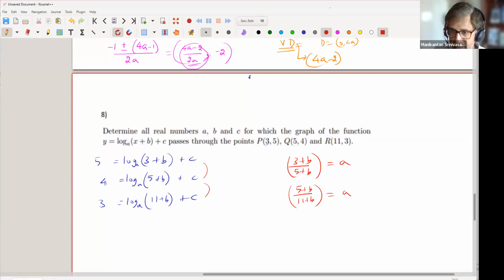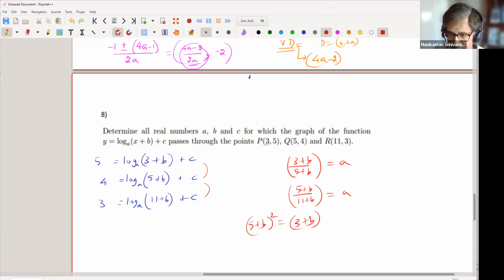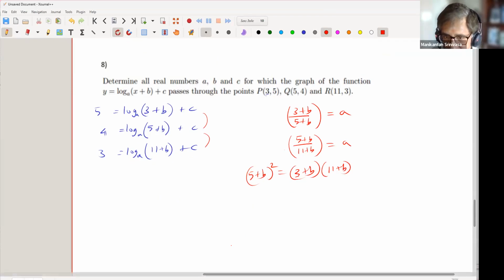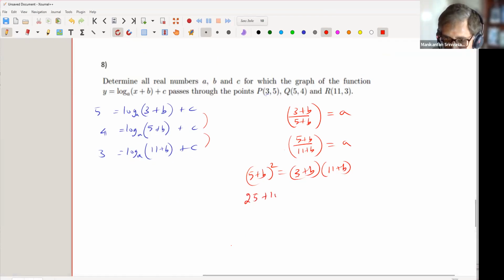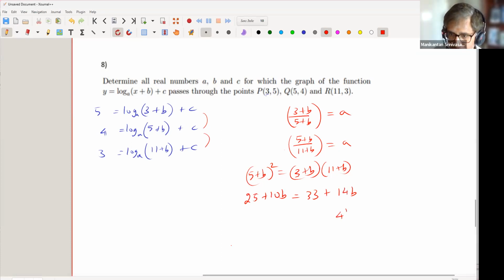So which means I can ignore the a and I can just cross multiply and find my b. So 5 plus b whole square equal to 3 plus b times 11 plus b. Okay, so b square will get cancelled anyway. So 25 plus 10b will remain here. Here 33 plus 3b plus 11b will remain, which is 14b. So we can solve it. 4b equal to minus 8, b equal to minus 2.